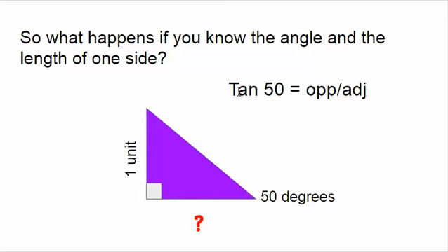And we'll get into a little bit later how you know that that's the tangent function. But the tangent function is the opposite divided by the adjacent side. And so if we were to crunch on that a little bit, we'd say the tangent is the opposite divided by the unknown. And the tangent of 50 degrees happens to be 1.1918, correct to 4 decimal places.